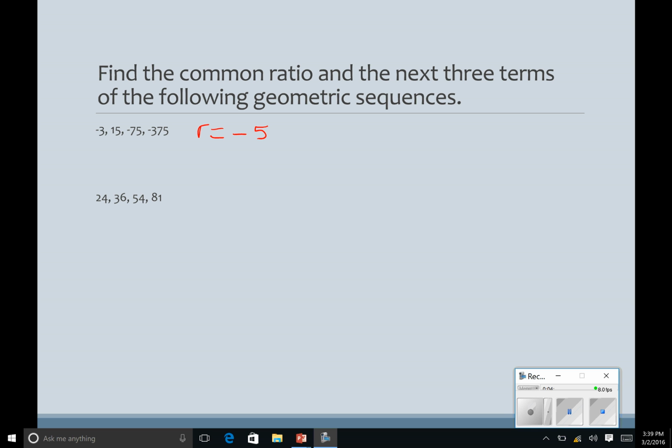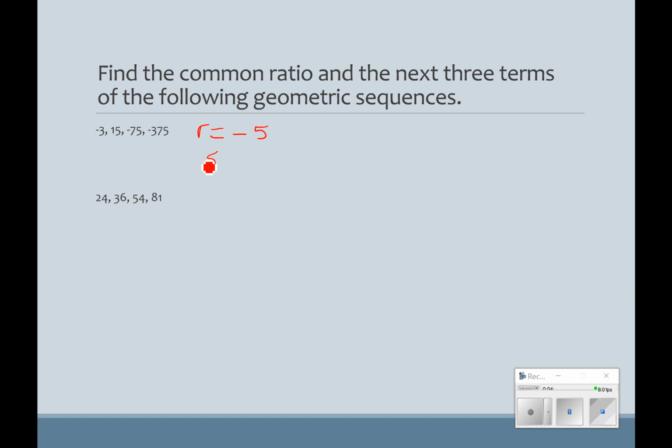And I'm going to double check that by multiplying each of these by -5. So if I do that, 15 times -5 is -75. Okay, so we know that it's going to work. So to find my next terms, this should be positive 375. Okay, I'm going to multiply by -5.